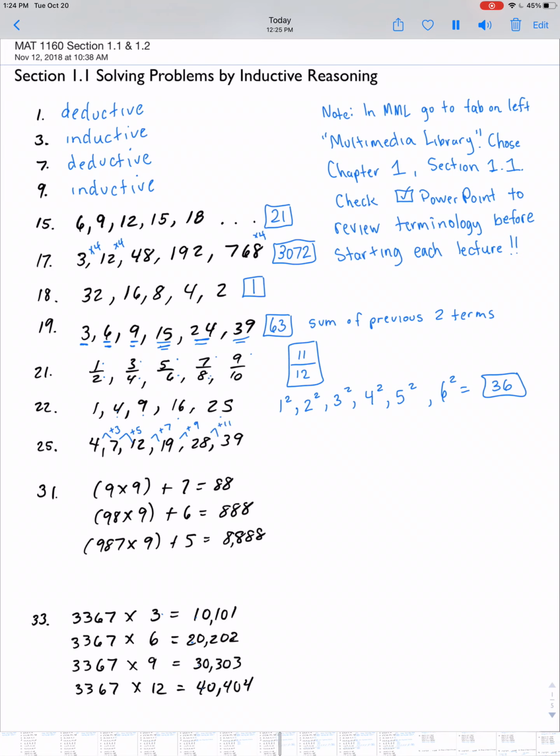It looks like they're adding odd numbers. So 3, 5, 7, 9, 11. So the next one would be plus 13. So I need to do 39 plus 13, which is 52. Yeah. So that's also something you can look for. If you can't establish any of the intuitive ones, then try to start looking for patterns like that.